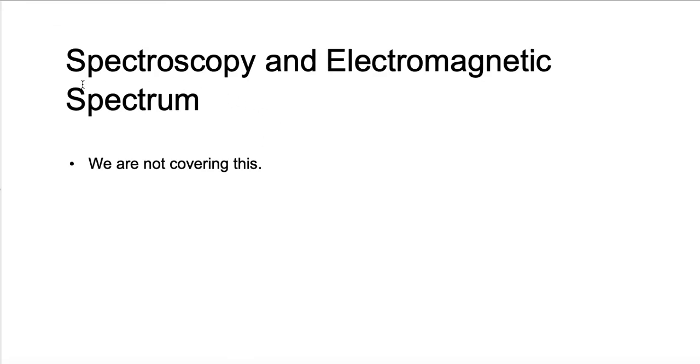Finally, a couple things that we aren't covering. I'll just mention these really quickly. So if you took spectroscopy and electromagnetic spectrum, I'm going to take an atom and we're going to put electrons around it, okay, in different energy levels.